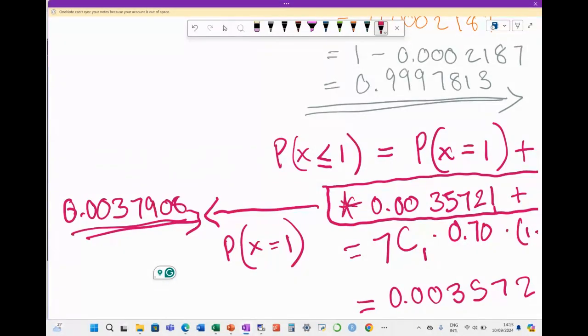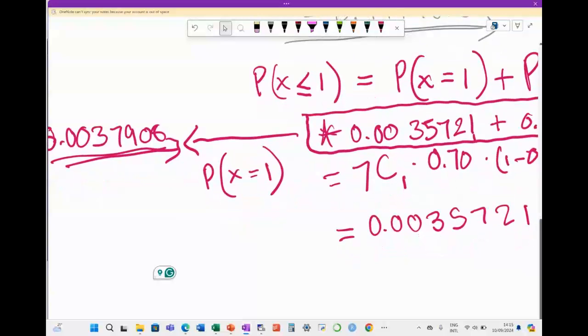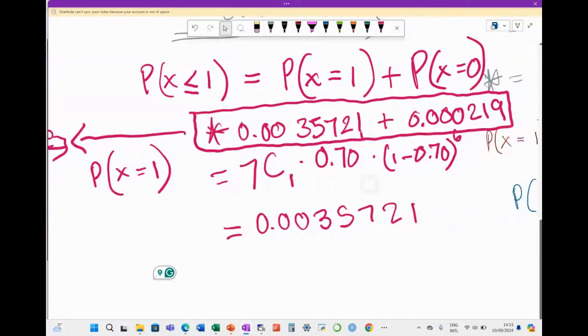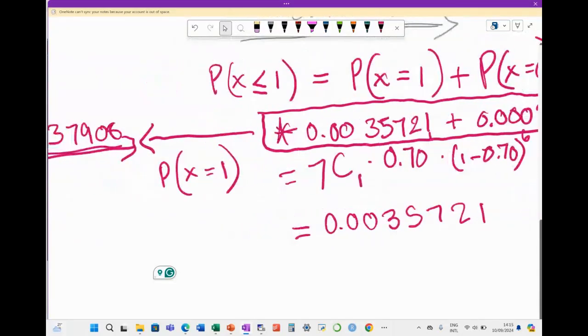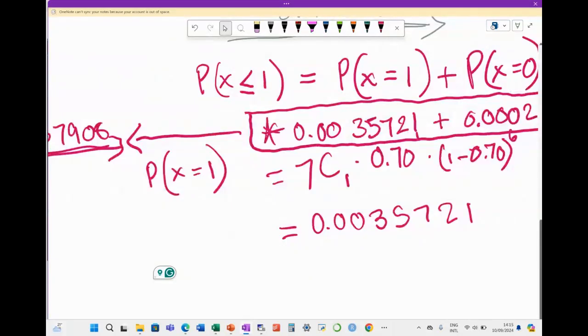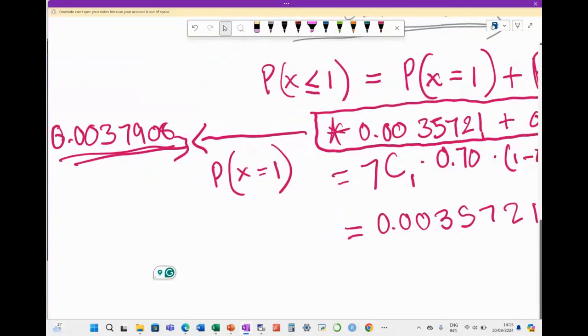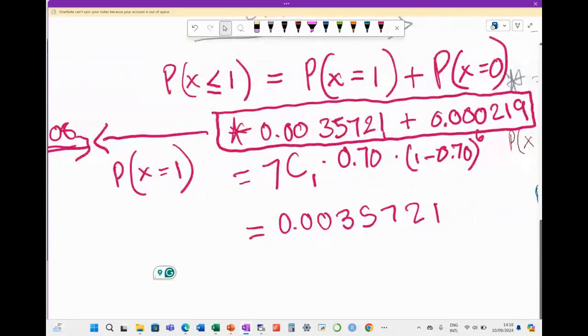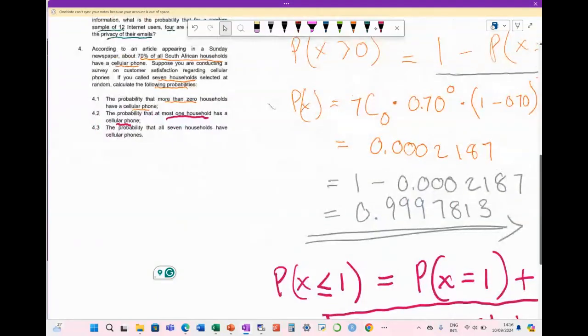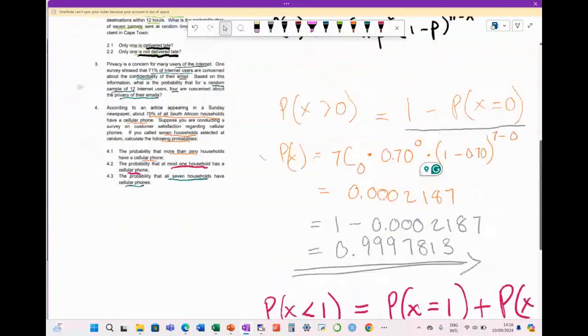Right. So then we move on to the last one. And here, what are they saying? They're saying the probability that all 7 households have cell phones. So again, is our formula.